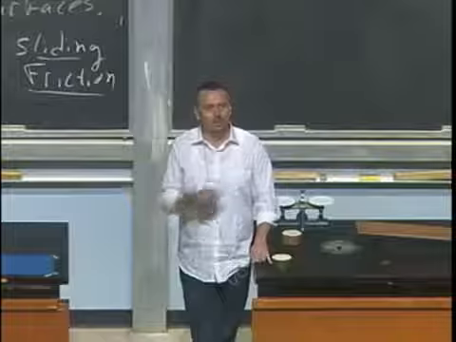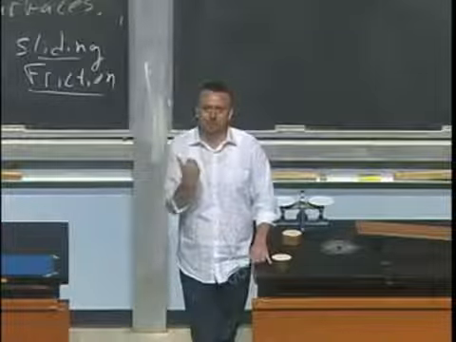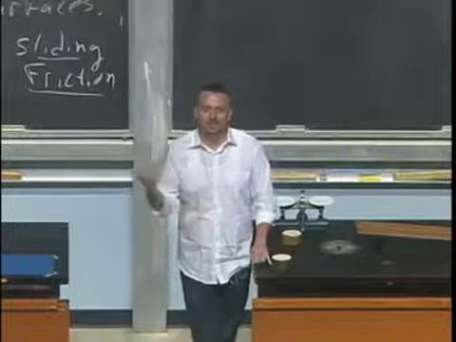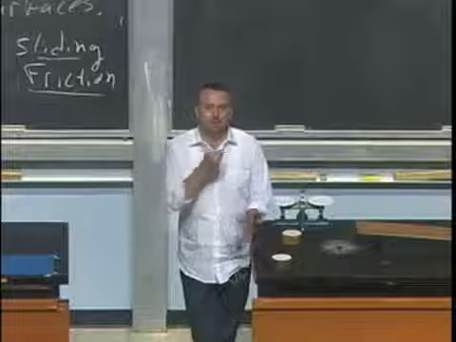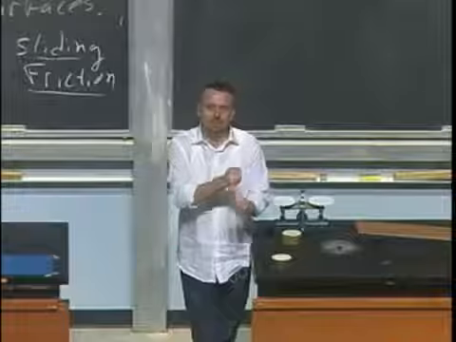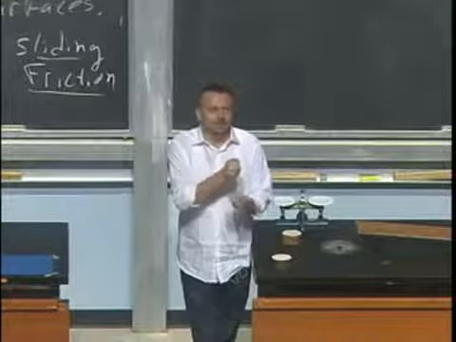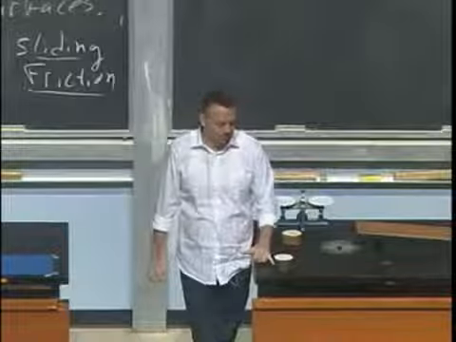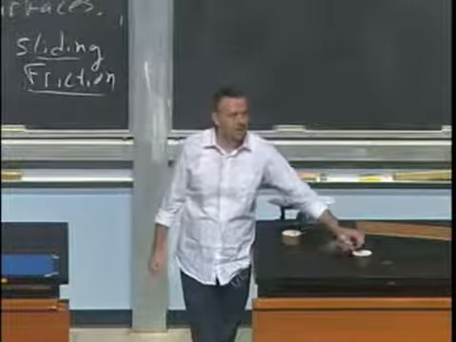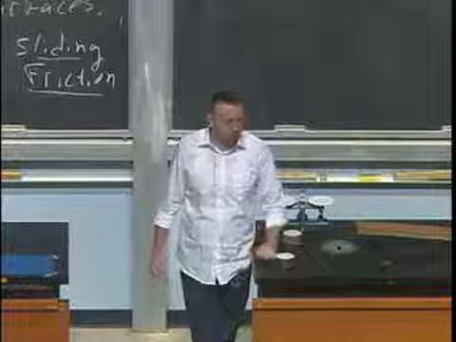If it were pushing back harder than I was pushing on it, this would go moving in the opposite direction. So static friction opposes relative motion, but its magnitude is basically what it needs to be to oppose that motion. Whereas once it starts slipping, it will experience a constant frictional force.